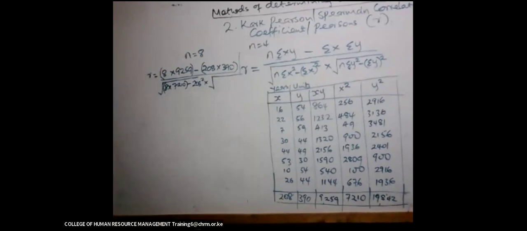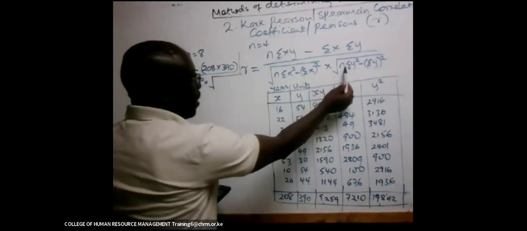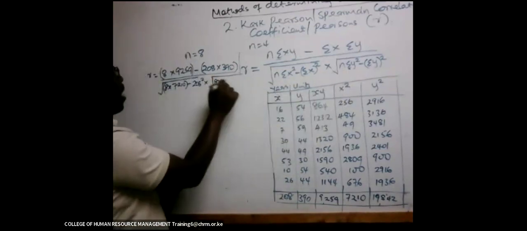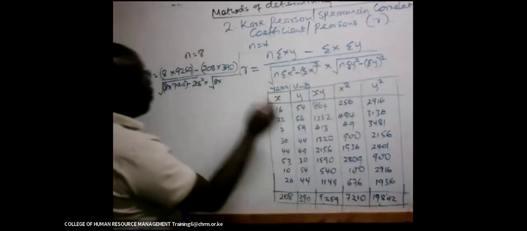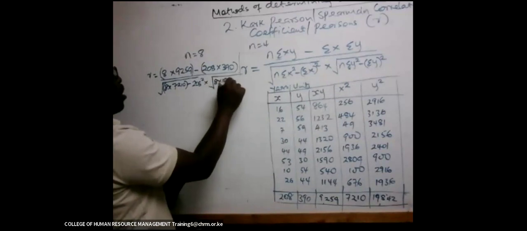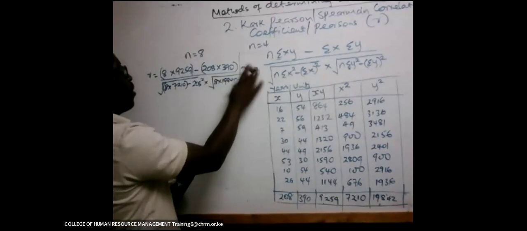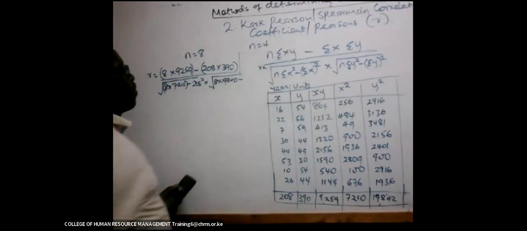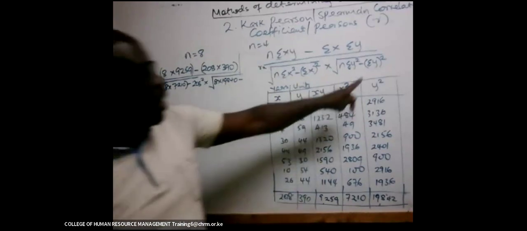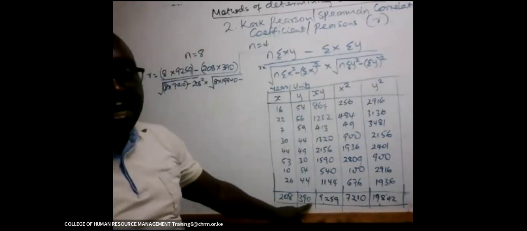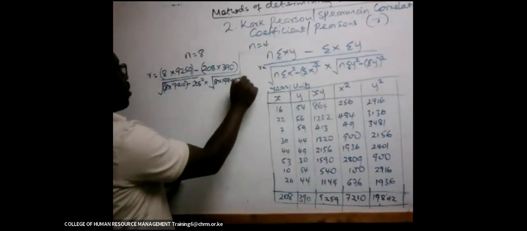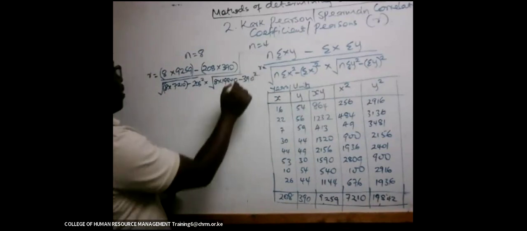Now consider the y's. n, which is 8, times y squared. Your y squared is 19842. Minus, you take the sum of y. The sum of y in this case is 390, and square it.